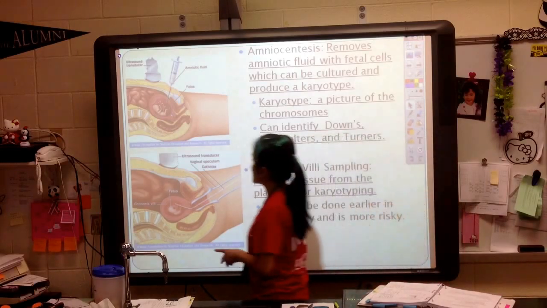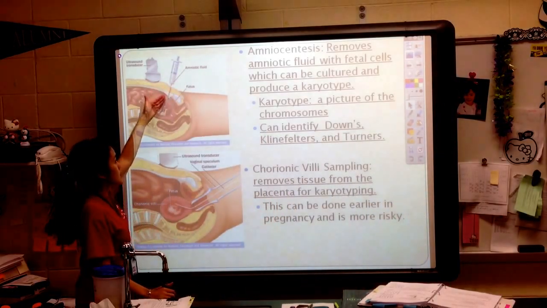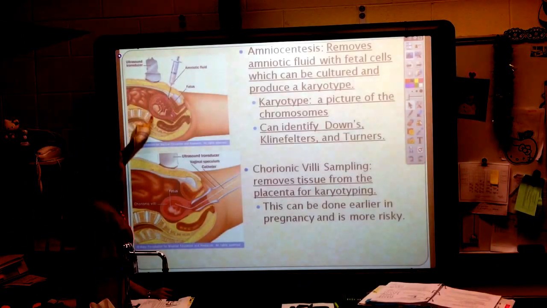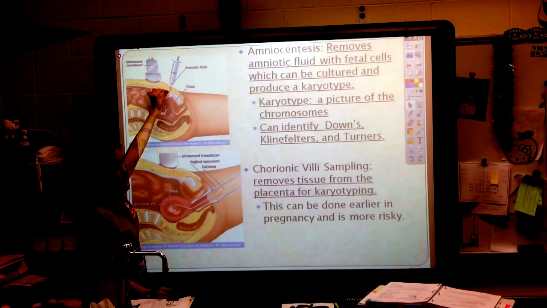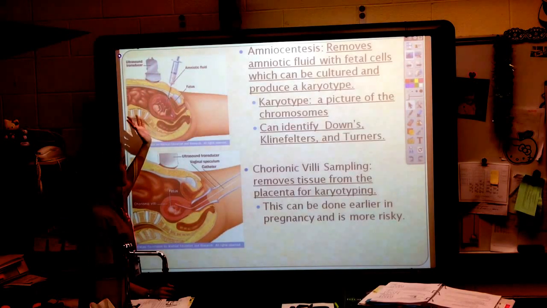In amniocentesis, what you do is you actually get a really big needle into the stomach of the woman, into the uterus. From there, you'll extract some cells, some fluid from the amniotic fluid, which is what the baby is sitting inside.